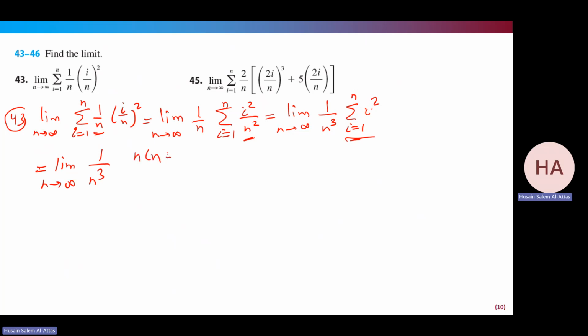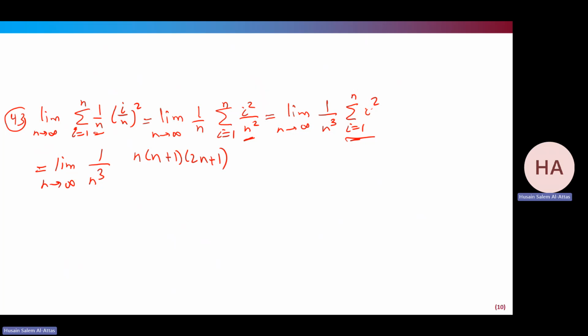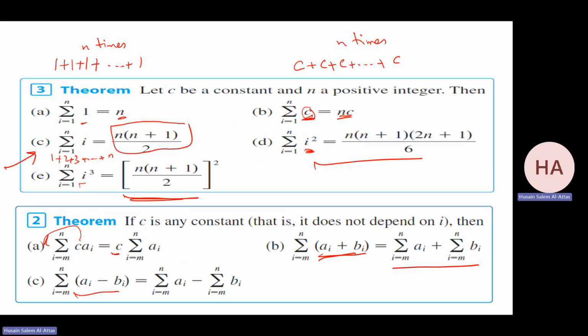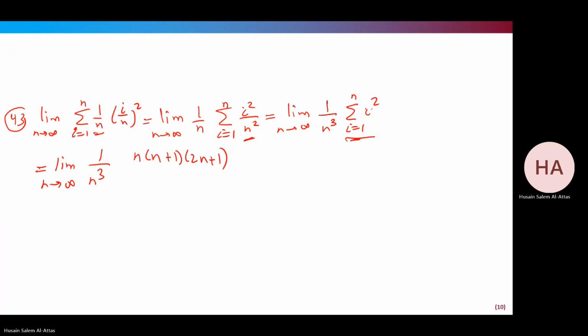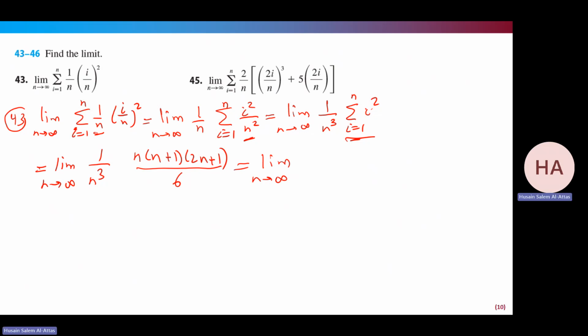That will be limit n goes to infinity, 1 over n cubed, that will be what? This summation. It's n plus 1 times 2n plus 1, which is this formula. I'm using this formula, over 6. So if we do the calculation, that will be limit n goes to infinity.